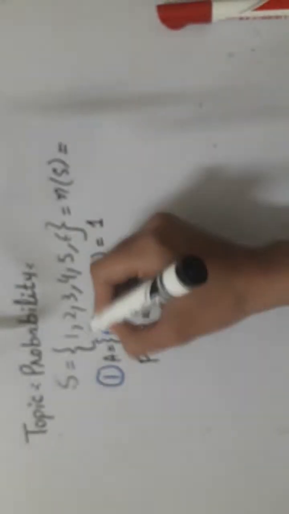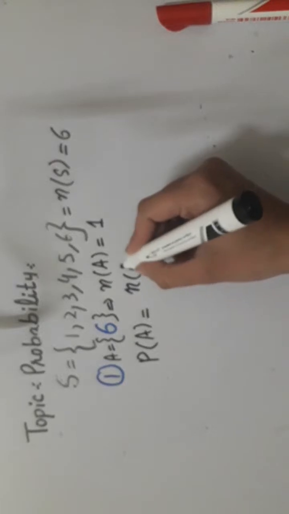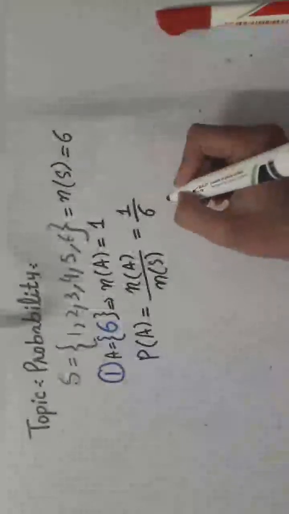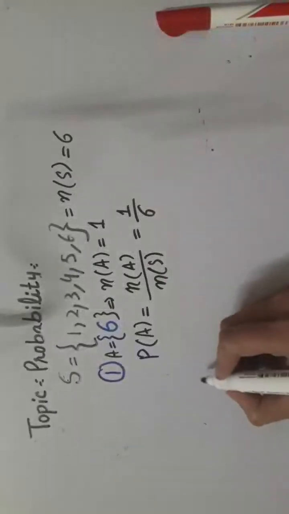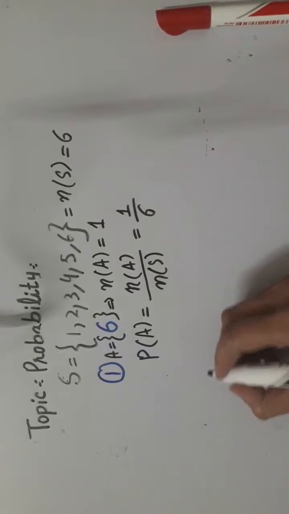So the probability of A will be equal to, this is the total number of elements that are 6. So favorable outcome. So this will be equal to 1 by 6.